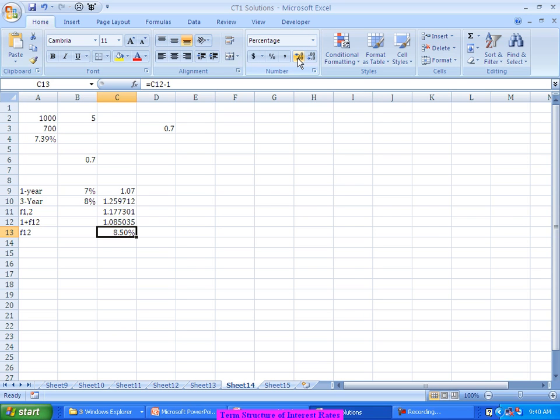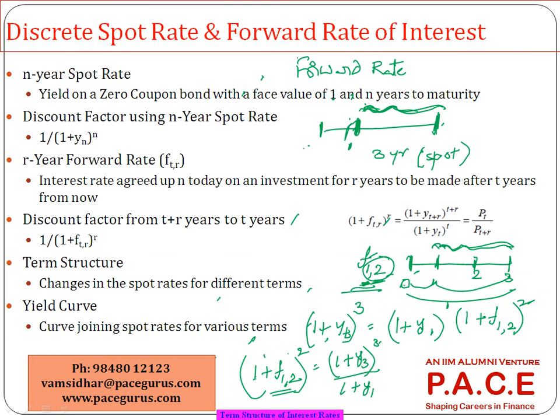So the 2 year forward rate from time 1, which is 1 year from now, is equivalent to 8.5%. That is the typical way we calculate the link between the spot rates and the forward rates.